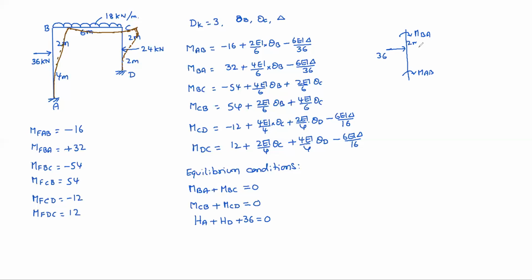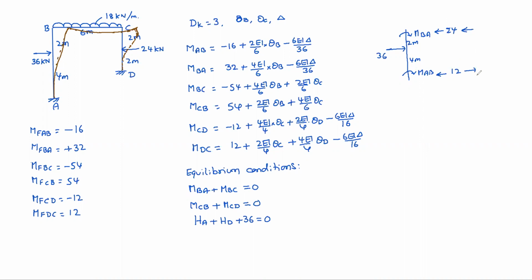It is 2 meters, 4 meters, so reactions are like this: 36 means 12 and 24. The 2 meter side has more reaction, the 4 meter side less, the spans are 1 is to 2. And MAB and MBA are both in clockwise direction, so an anti-clockwise couple will develop like this.